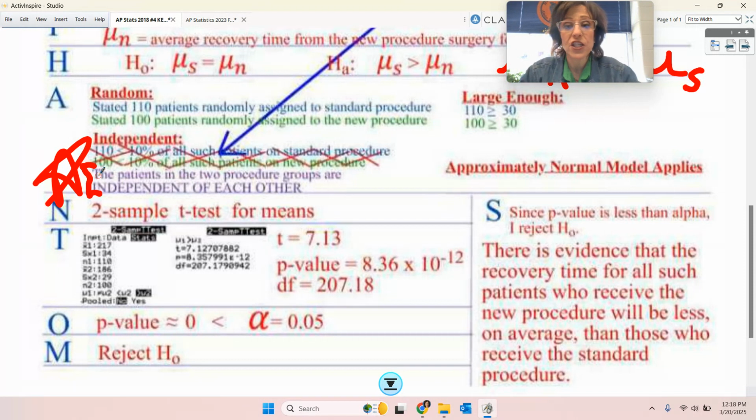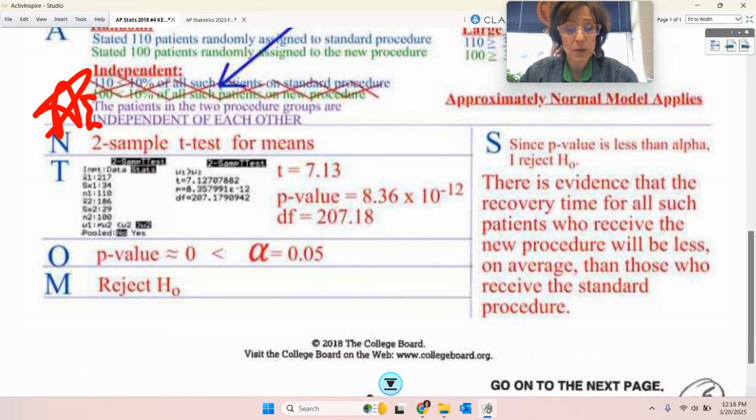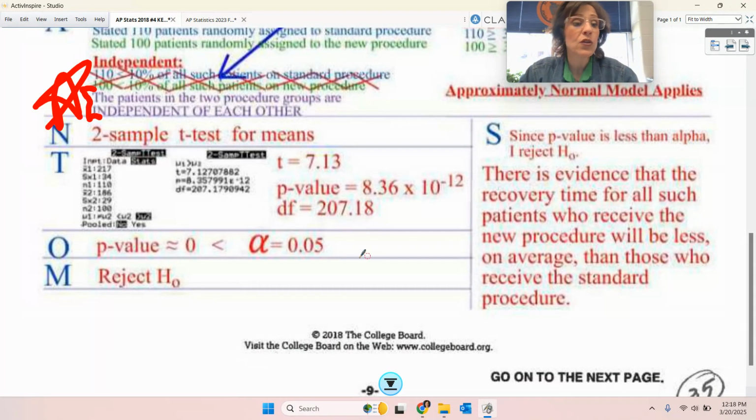So bam, they're large enough. Approximately normal model applies. Don't forget that. Okay, so I have a 2 sample t-test, or a 2 mean t-test. Okay, so 2 sample t-test for means or 2 mean t-test. You could write that also.